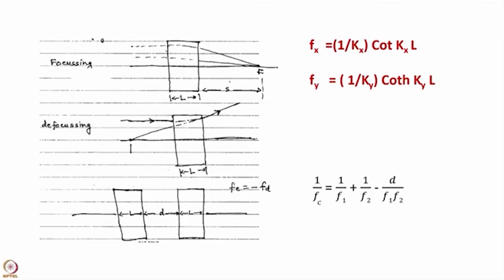So here you can see the parallel beam coming here is focusing at this plane, and in this case it is diverging. It's a diverging lens, so the trajectory is going like this. It will be crossing the optical axis at a point opposite to that, so this becomes like minus f.